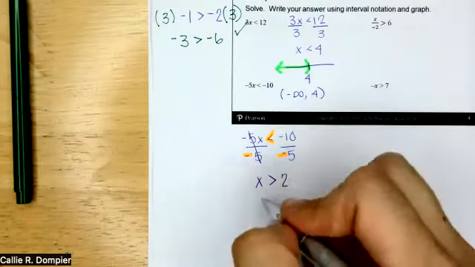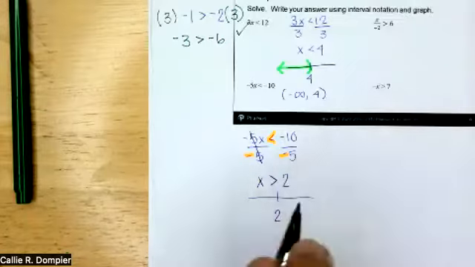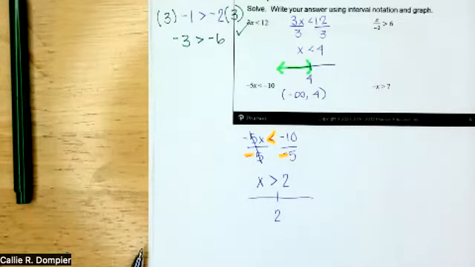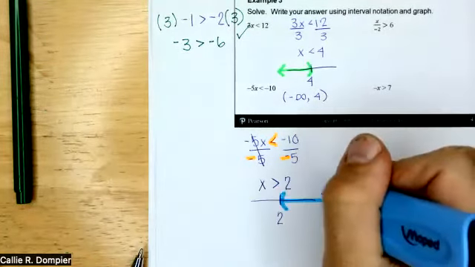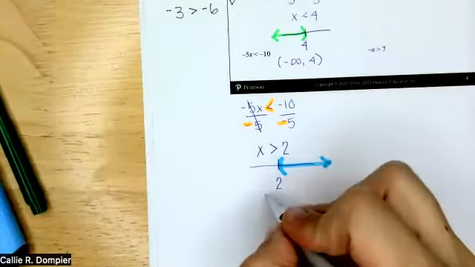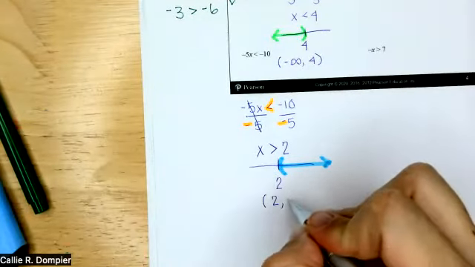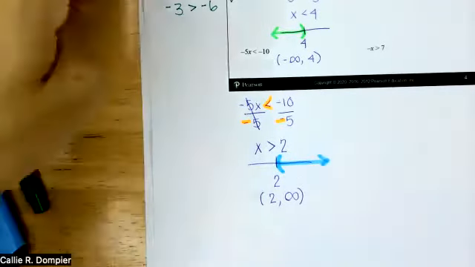Good. Here's 2. X is greater than 2, not equal to 2. So it's going to look like that. So my interval notation will be from 2 to infinity.